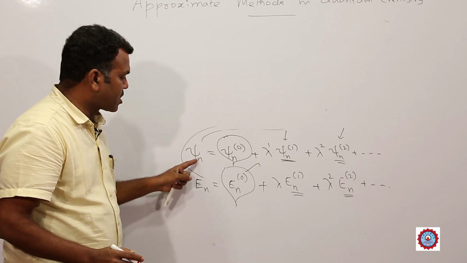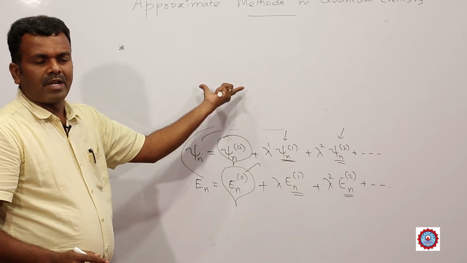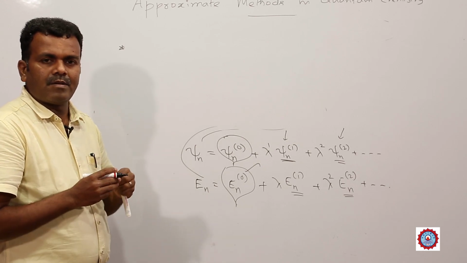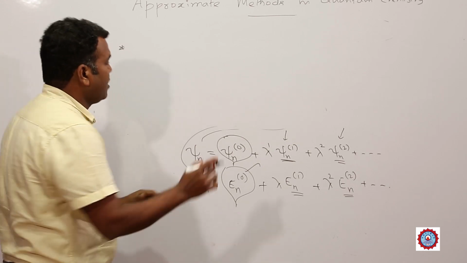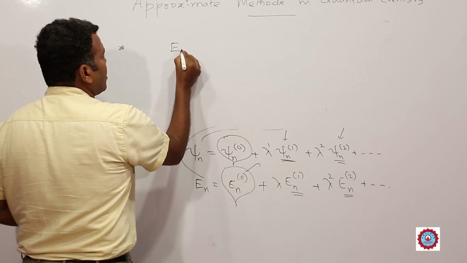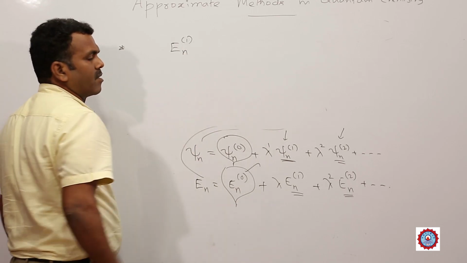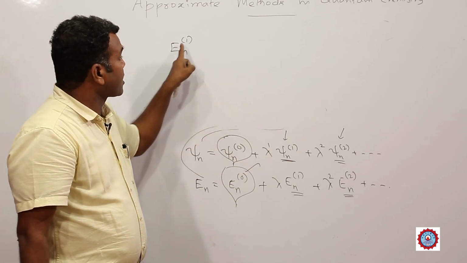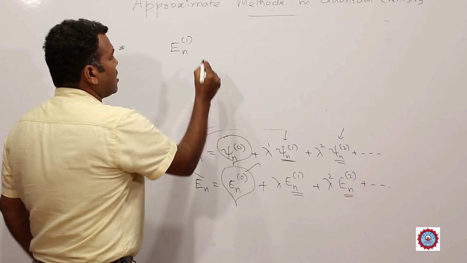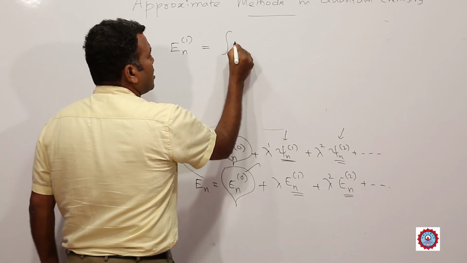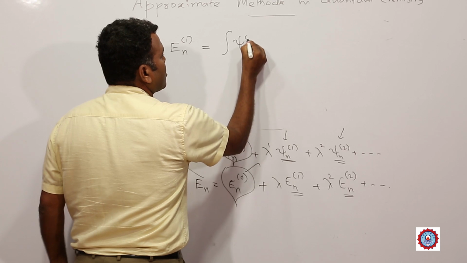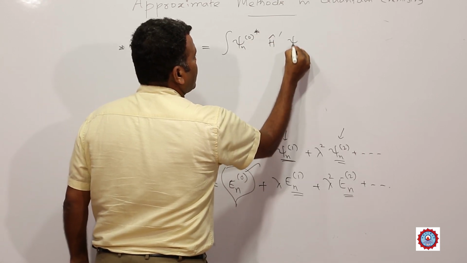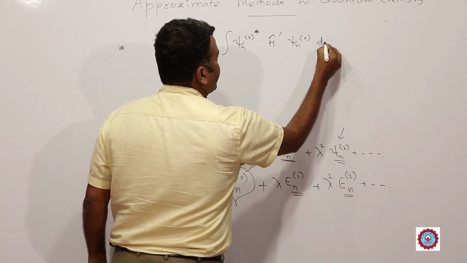So, if you substitute this psi n and E n in the Hamiltonian or in the Schrodinger equation, and if you do some simplification, finally we will end up with this result for energy. The first order correction to the energy of the nth state can be given as integral psi n naught star into H operator prime into psi n naught into d tau.